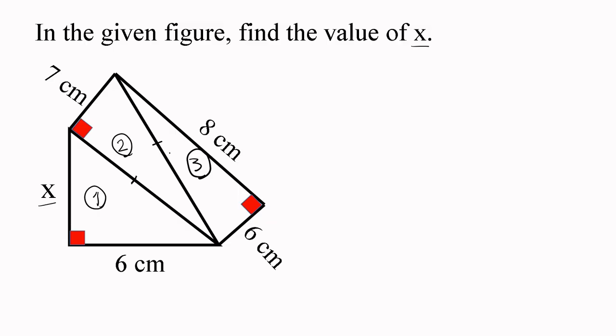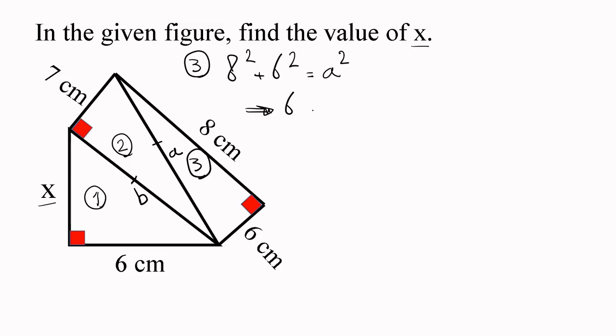I'm going to call this side, for example, A. I'm going to call this one B. And I have the x. So let's start with the third triangle. 8 squared plus 6 squared is equal to the hypotenuse to the power of 2. Here is A. So what am I going to have?